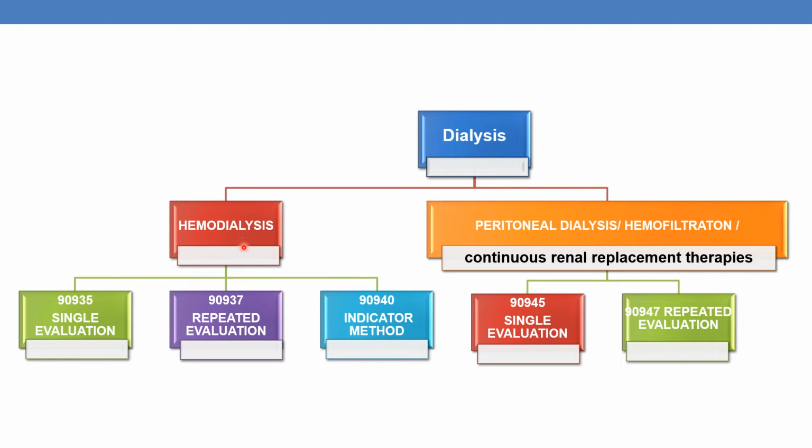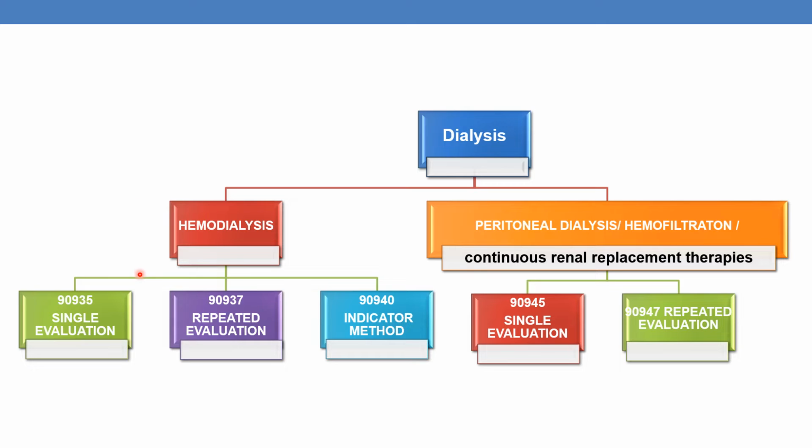Coming to the CPTs for hemodialysis, if the physician provides single evaluation for hemodialysis, the code is 90935, and if repeated evaluation is performed for hemodialysis, the code is 90937. And further, if indicator method is employed, the code is 90940.